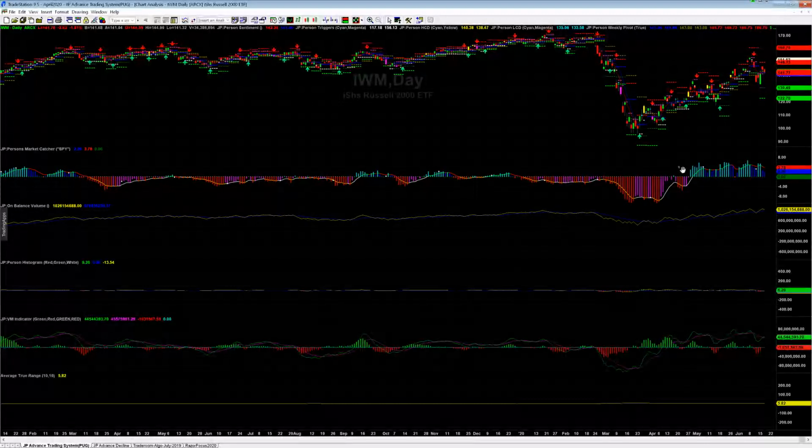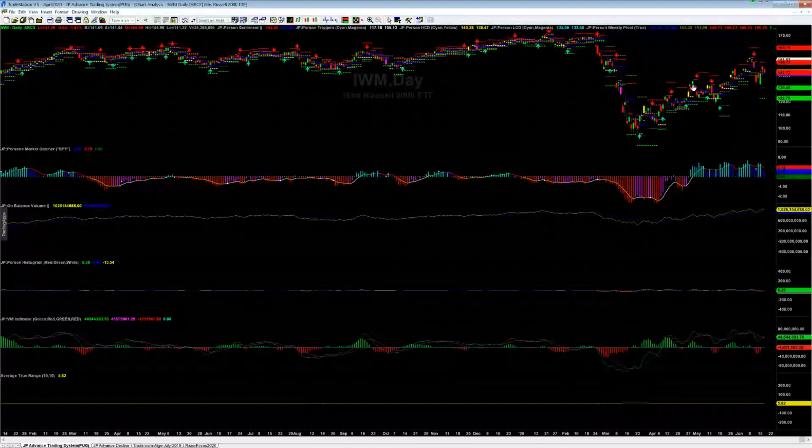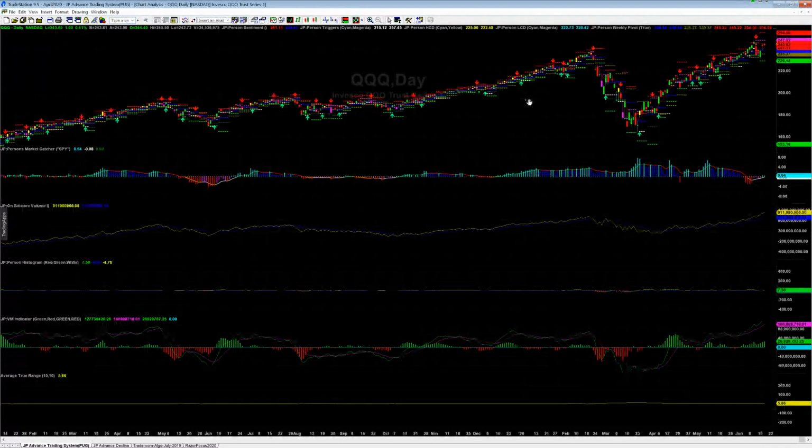Even in the Russell, you could see that it started to show improvement in its relative strength performance, its bright blue relative strength line, and in terms of percent change, it started to outperform up until about a week ago. All right, so that's the Russell. Here's the QQQ, the NASDAQ, relative to the S&P.